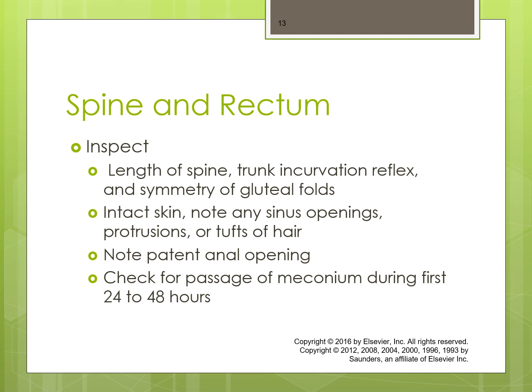Okay, so we want to be sure that there is no opening there, because some babies that are born with deformities can actually have their spinal cord protruding through their skin or back opening. Sometimes you may see even some tufts of hair on the infant's back as well. So you're looking for spina bifida or any kind of deformities in the infant.